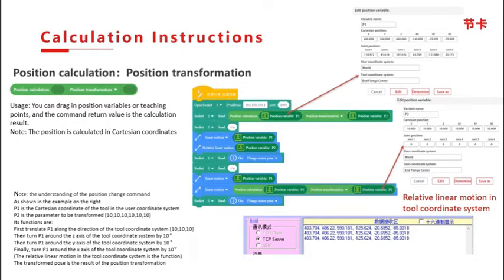Then rotate P1 around the y-axis of the tool coordinate by 10 degrees. Finally, P1 rotates 10 degrees around the x-axis of the tool coordinate system, and the changed position is the result of the position transformation. It is equivalent to the relative linear movement under the tool as we did before.